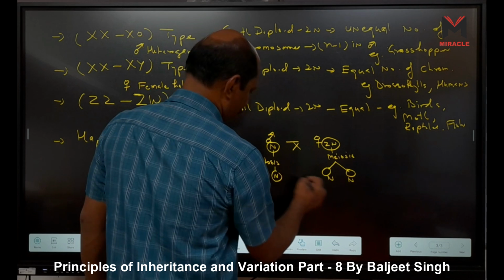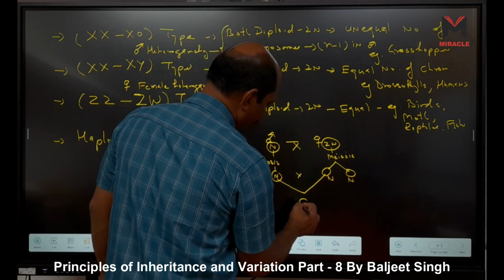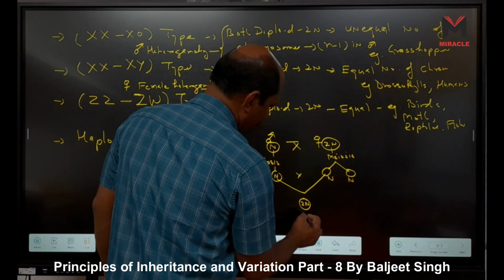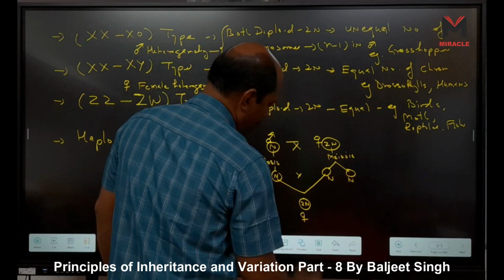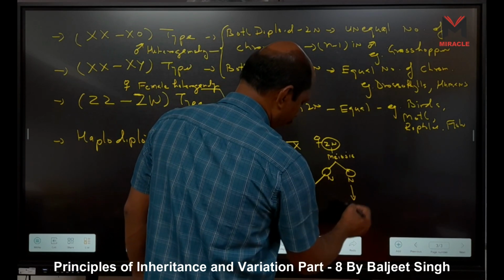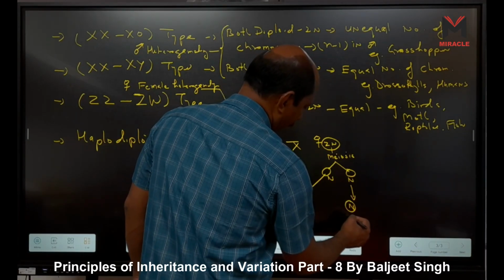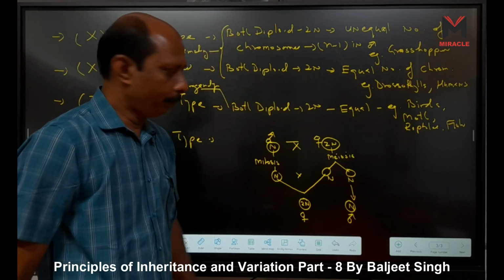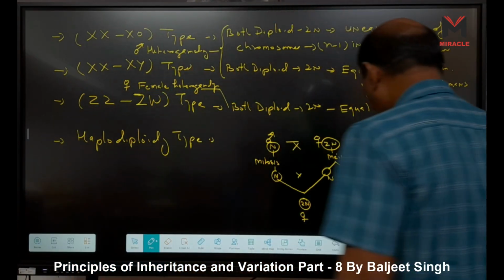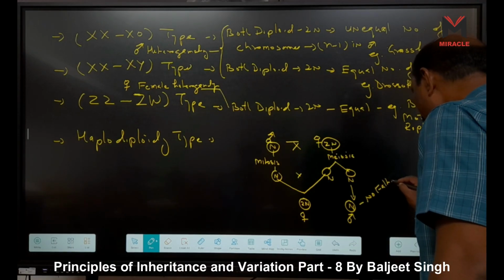And when it is crossed, then what happens? If they fuse, they form female, 2n. That one is female, the daughter. And if it is unfertilized, without fertilization, it develops into n, that is male, right? Because here father is absent, so they have no father. Why no father?